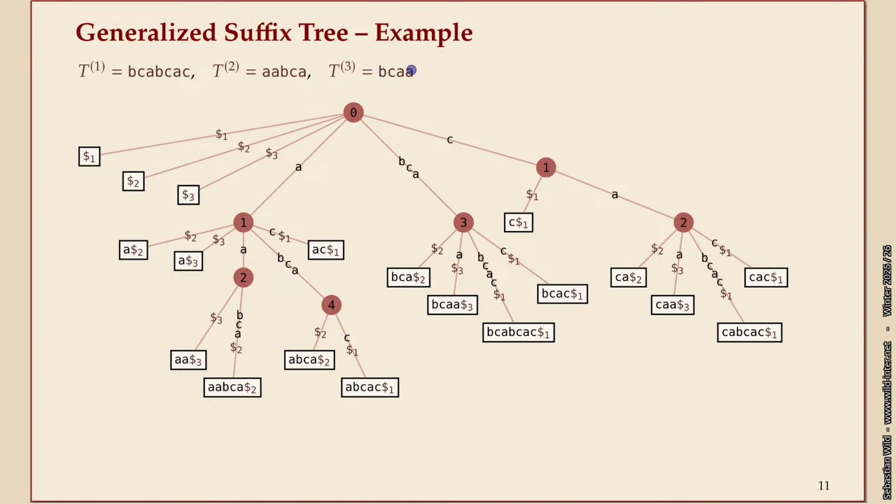But we don't care about this. All we want is the suffix of the first text. Other than that, it's using the same construction. You're just building it for this concatenated text, and superficially rewrite the leaves. And remember, the leaves are not stored as strings anyways. These are just starting indices. So we're just reinterpreting these numbers.